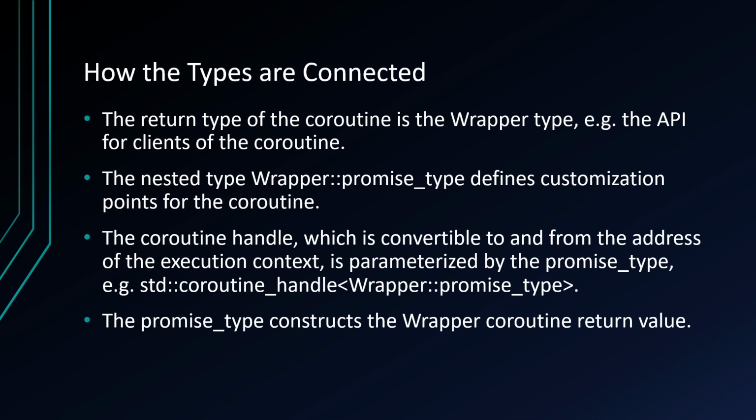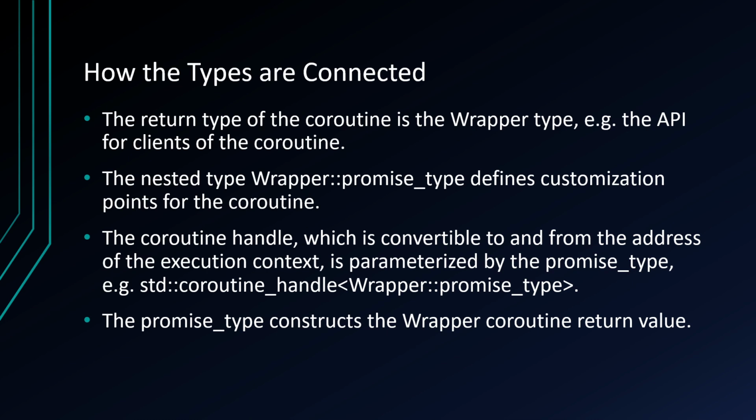The coroutine handle, as I mentioned, that's convertible back and forth from a raw address, is parameterized by the promise type, and there's a way to obtain the promise from a pointer to the promise instance from the coroutine handle. We'll see what that looks like when we get to the example code.